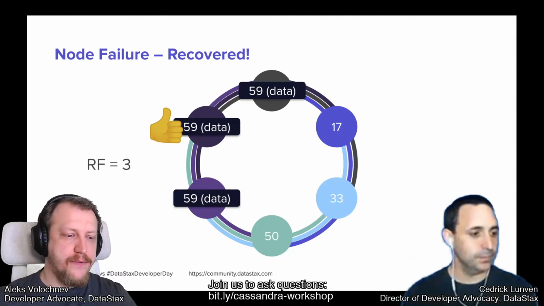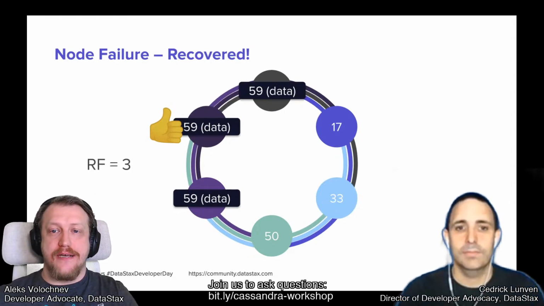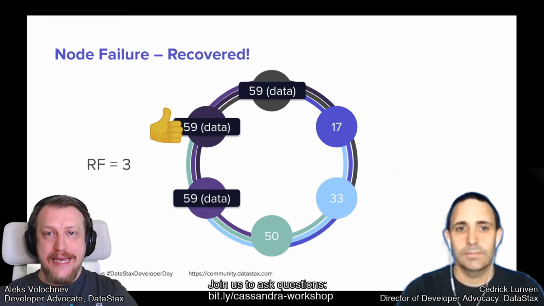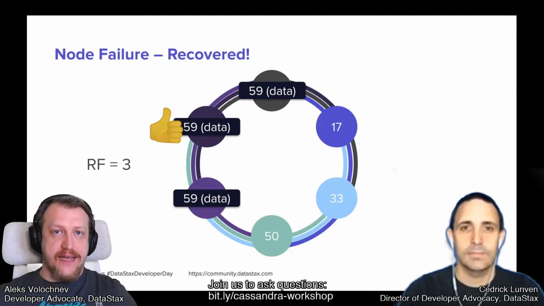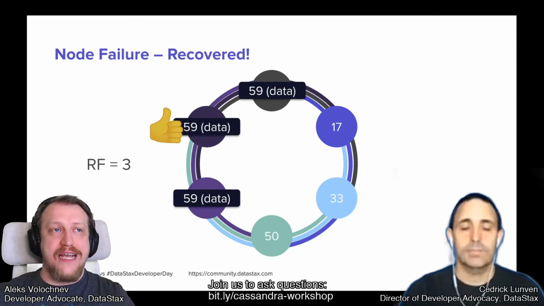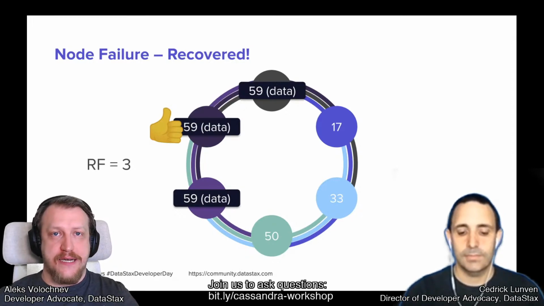Cassandra has a lot of defense mechanisms to protect itself from the inconsistency which may happen if one of the nodes is not available. Hinted handoff is the first layer of self-defense. If your node was down for less than 3 hours by default, then it will be recovered fully automatically, and it's the cluster's job to take care of it.